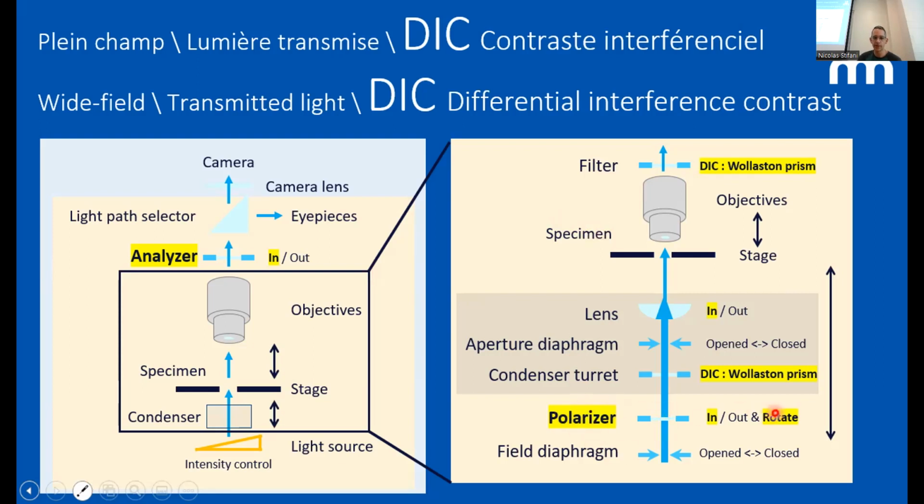So you have a polarizer, you have your analyzer at the top, and in the middle, you're going to add two prisms. One is the DIC Wollaston prism that is in the condenser turret, and the other one is just above the objective. Sometimes these two are together. So in some microscopes, it's kind of simpler.